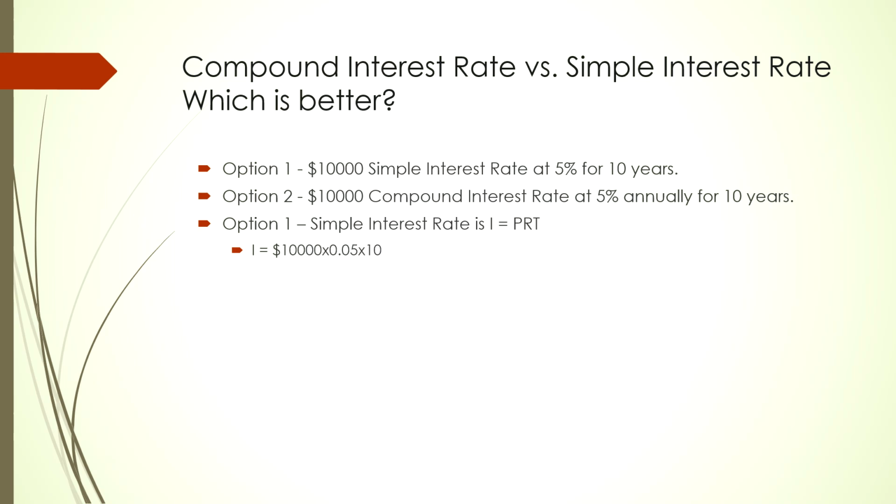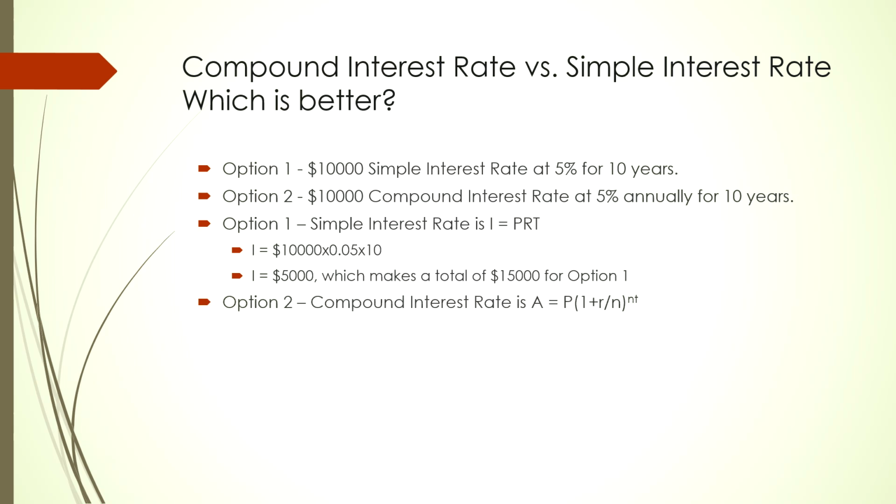So I is equal to $10,000 times 0.05 times 10. And in this case, I is equal to $5,000, which makes this a total of $15,000 for option 1 after 10 years, the total amount. Option 2, we'll use the compound interest rate formula.